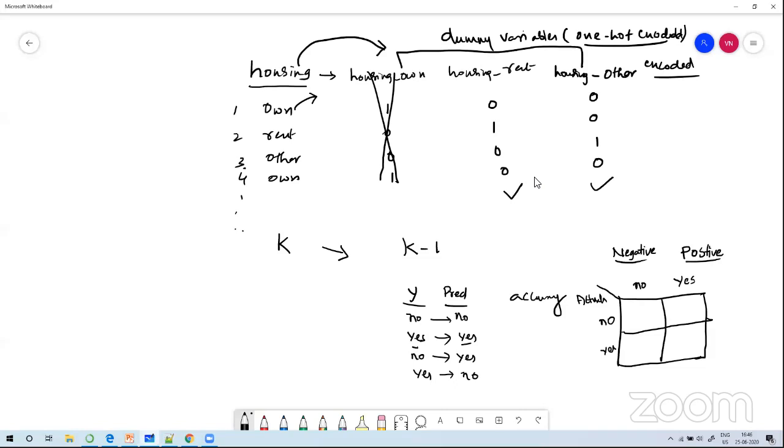If someone takes the COVID test and the test says positive, what does that mean? The person is infected, the person has the virus. If the person is not infected, the test result is called negative. So if we predict an event, and yes is an event, it's called positive. If we predict a non-event, it's called negative.